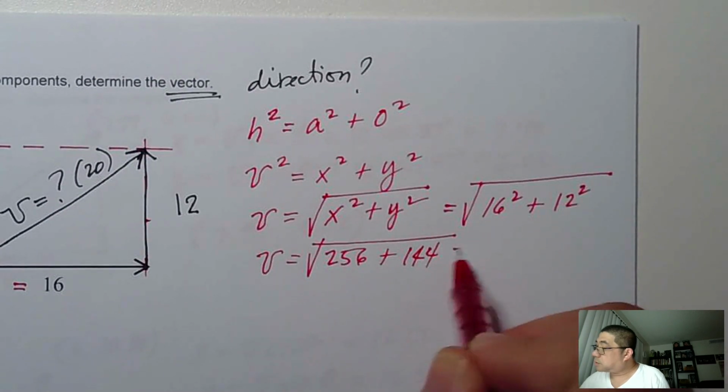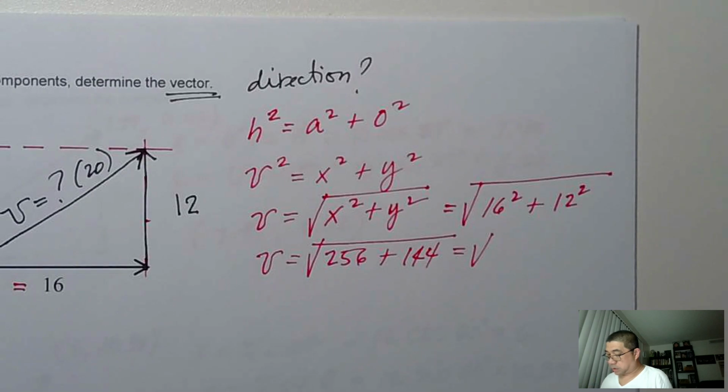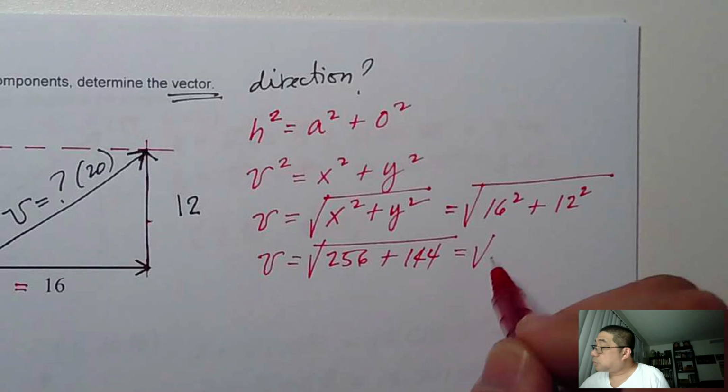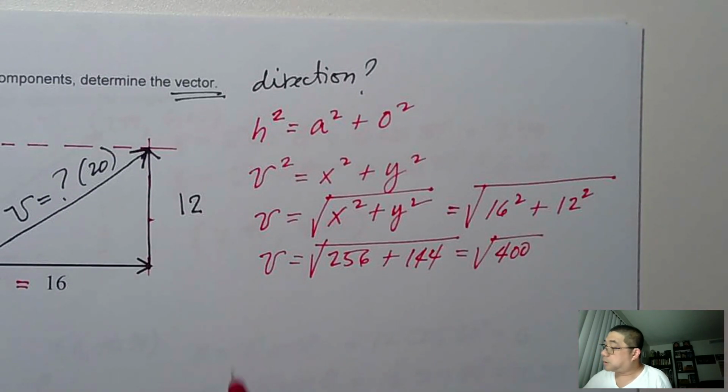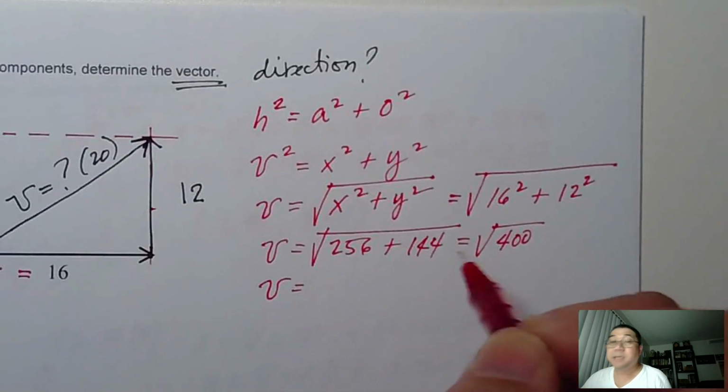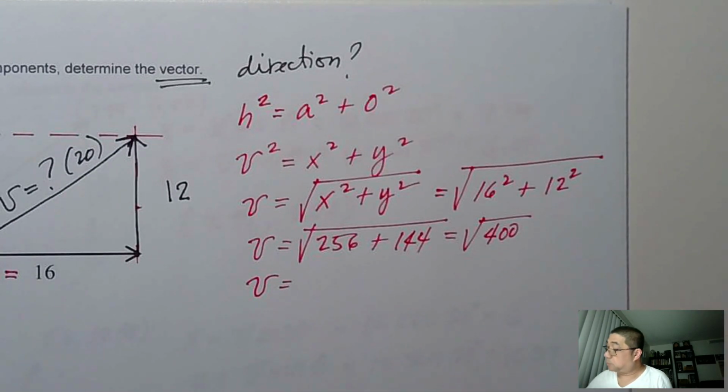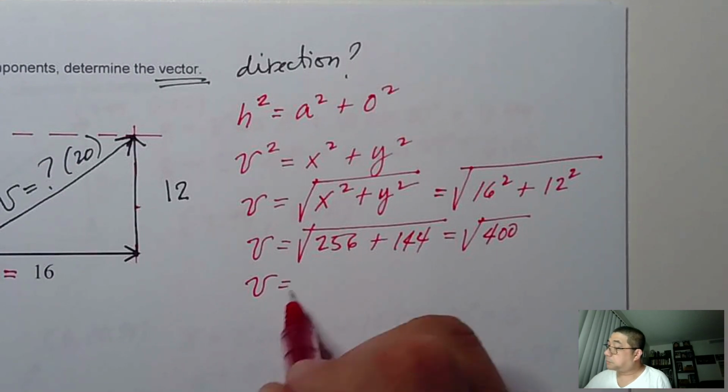You add those numbers, what do we have? The square root of 400. What is the square root of 400? It is simply equivalent to 20. So I was correct.